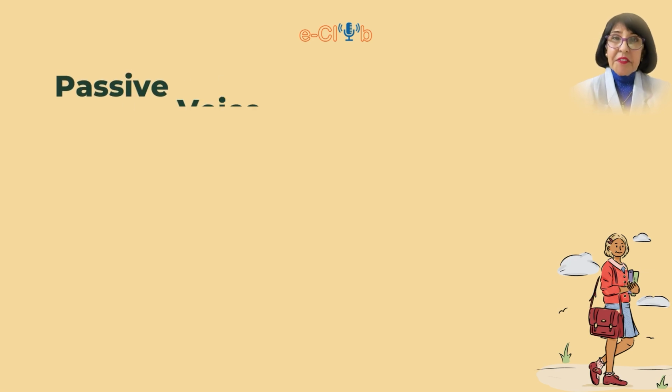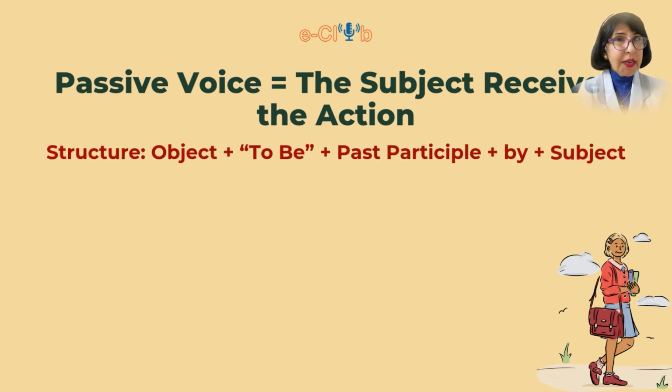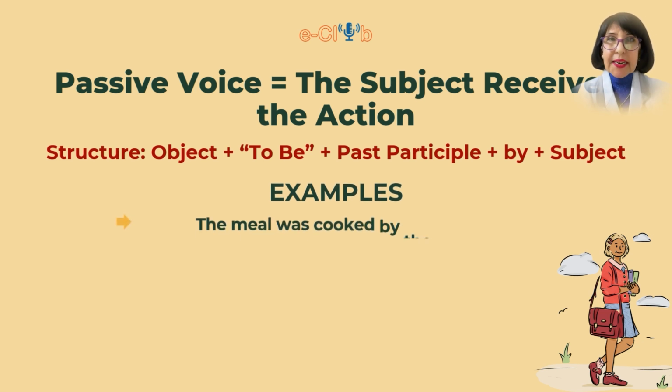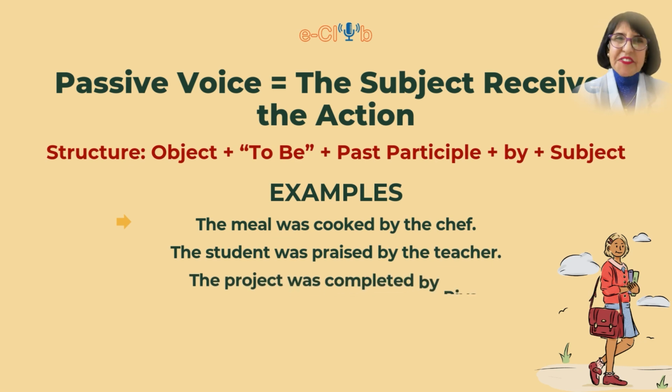Now, let's look at the passive voice, where the focus shifts to the object. Object plus to be plus past participle plus by plus the subject. Let's understand this with a few examples. The meal was cooked by the chef.